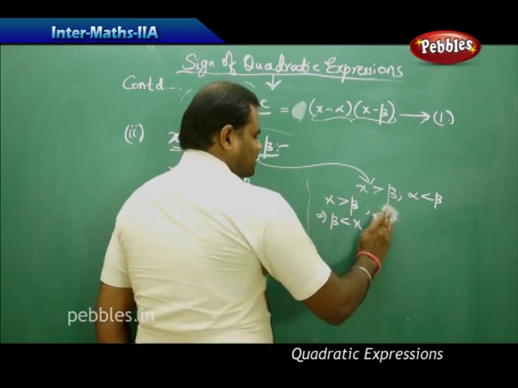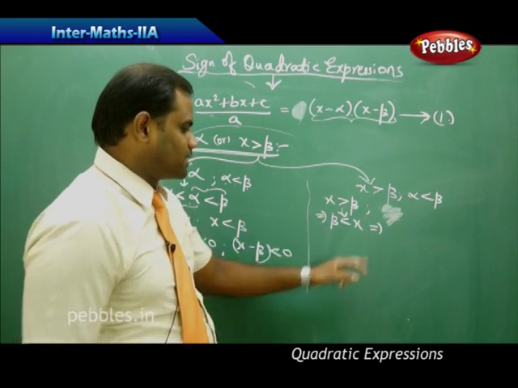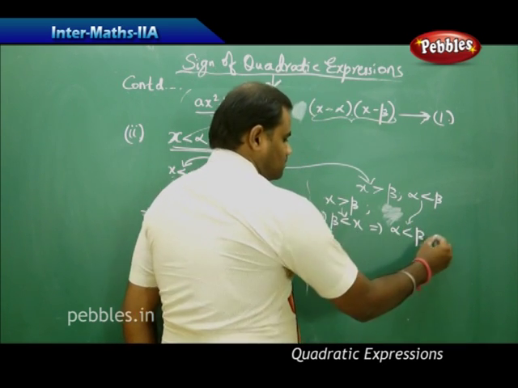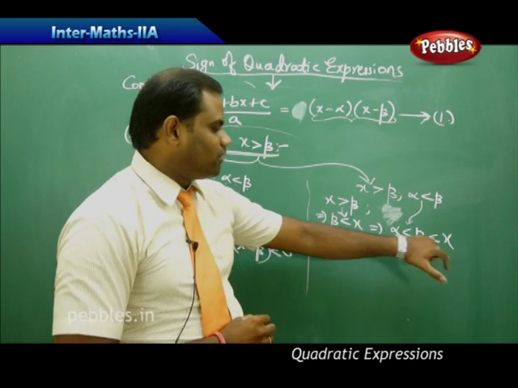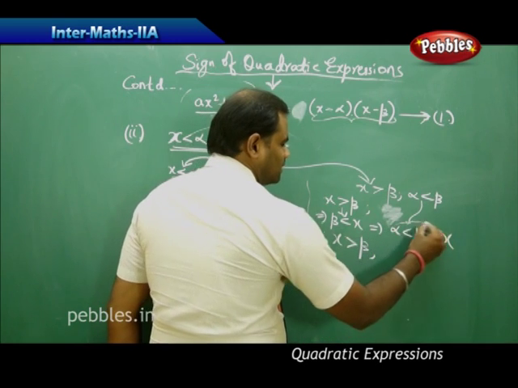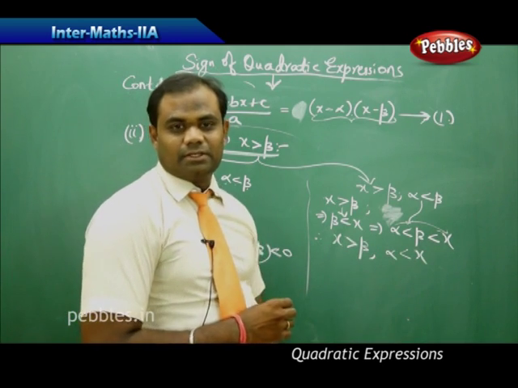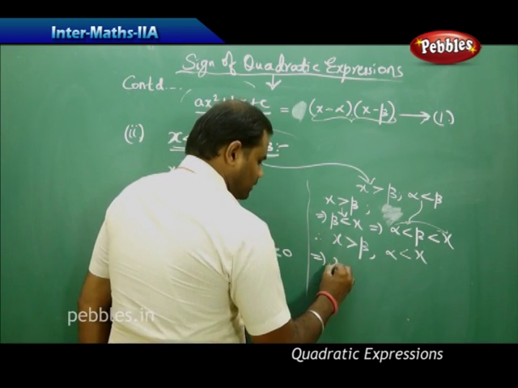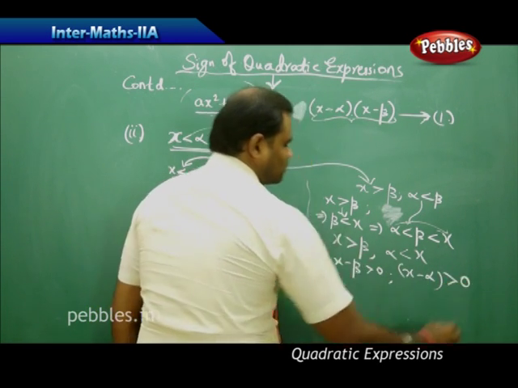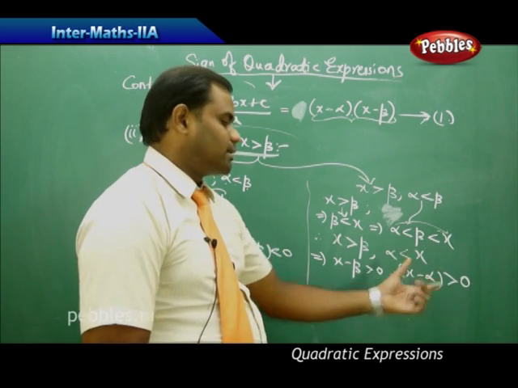So beta is less than x and alpha less than beta implies alpha is less than x. Therefore, in this case, I get two conditions: x is greater than beta and x is greater than alpha. When I simplify, I get x minus beta greater than 0 and x minus alpha is greater than 0.